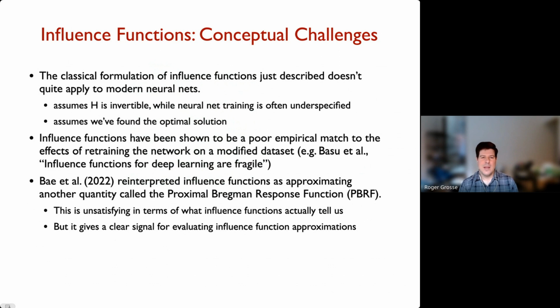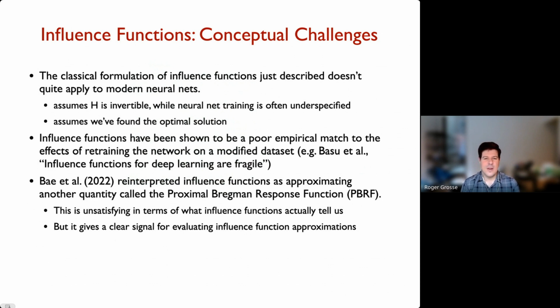There might be symmetries in the model. There might be some directions that just don't affect the predictions anywhere in the training set. And so the Hessian is often singular. Furthermore, the classical formulation assumes we found the optimal solution, but that's often not the case. And if you're not at the optimum, the Hessian might even have negative eigenvalues.